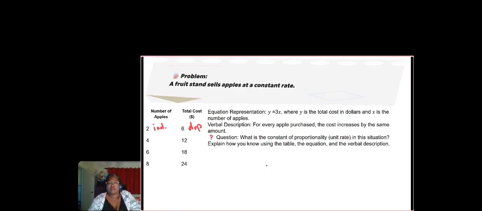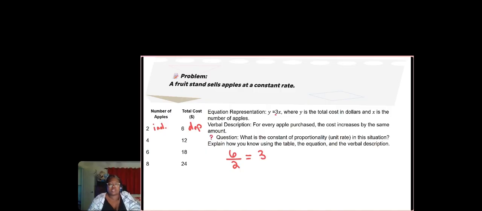So then we'll have our dependent variable divided by our independent variable, and 6 divided by 2 is 3.